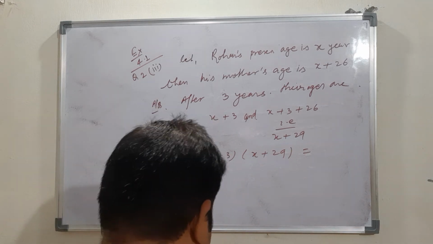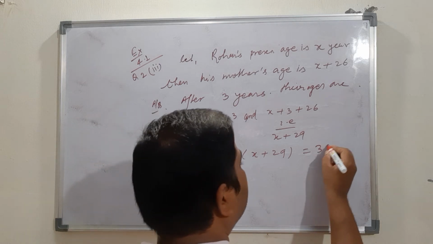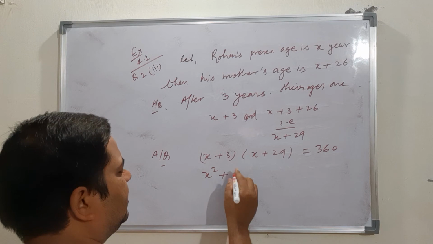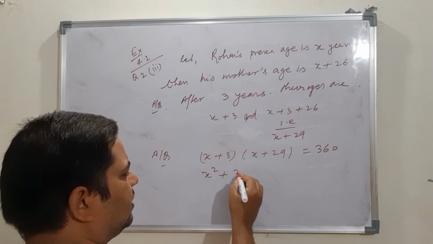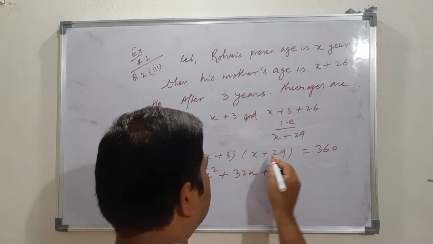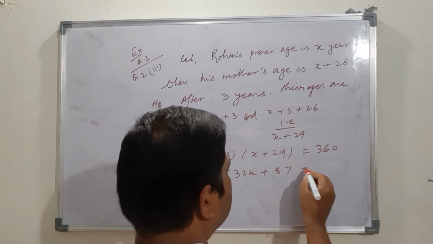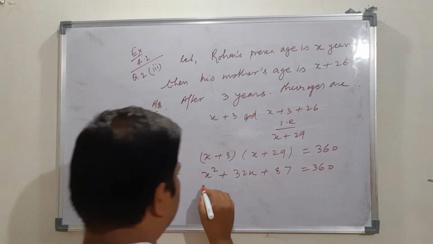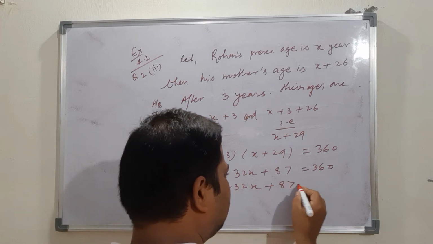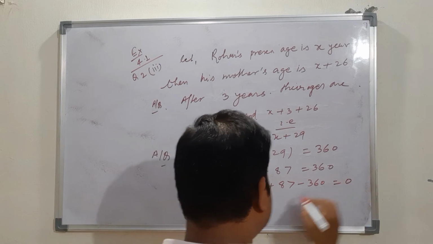So this is x square plus 29x plus 3x, that is 32x, plus 3 times 29, which is 87, equals 360. So x square plus 32x plus 87 minus 360 is 0.